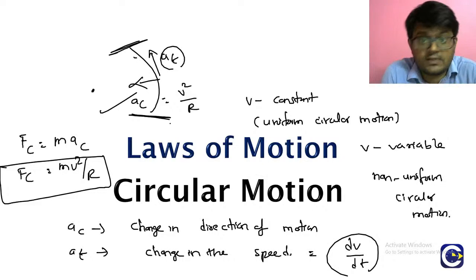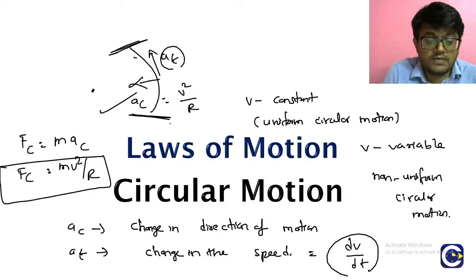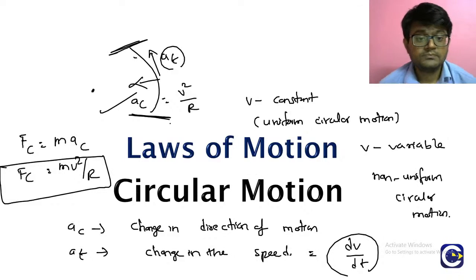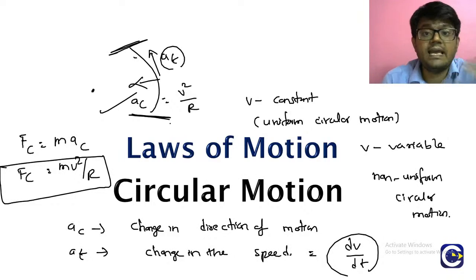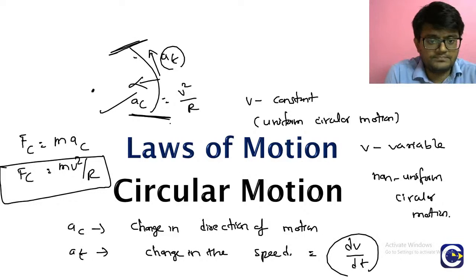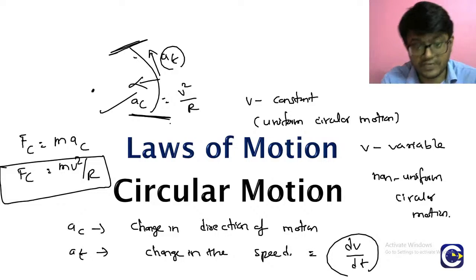Otherwise we will not be able to take the turn. So what kind of forces are there that will practically help us in taking a turn? That's what we will discuss, and it's a very standard topic when we have the applications of friction.